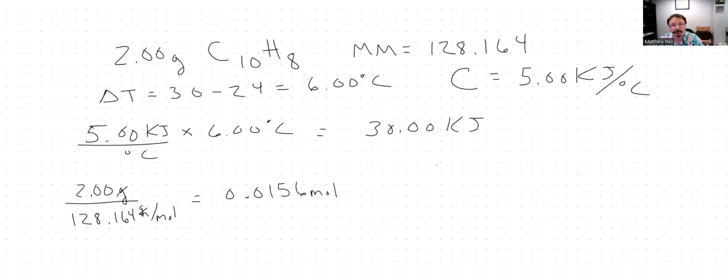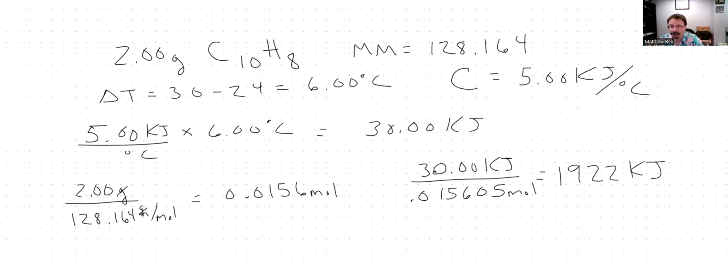So if I put my 30 kilojoules over that, what I get is 1,922 kilojoules.